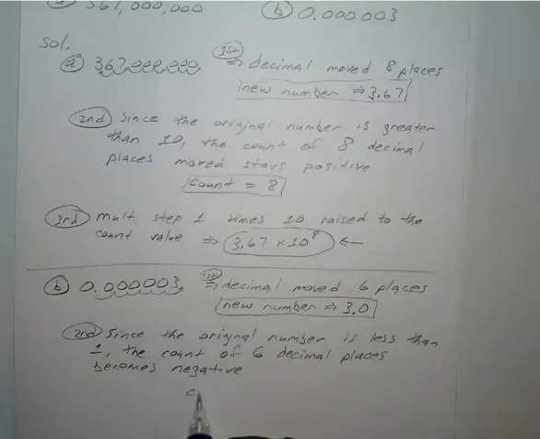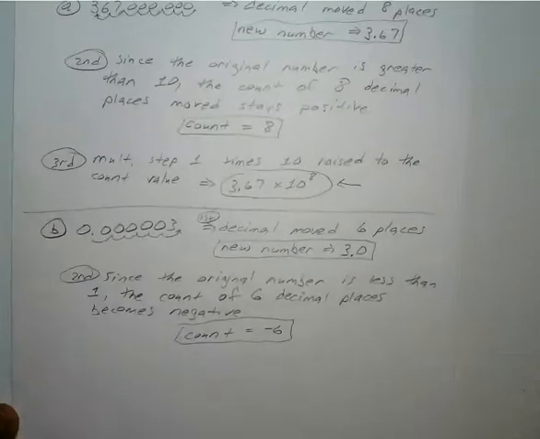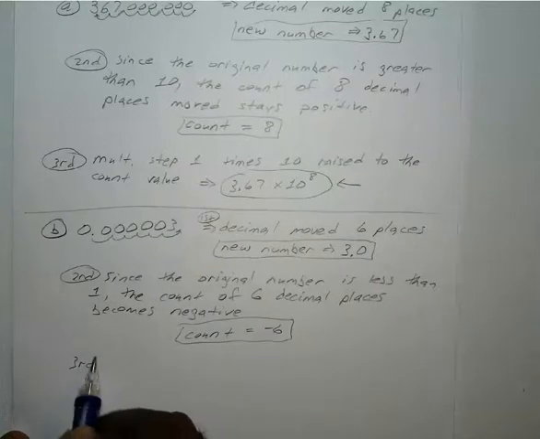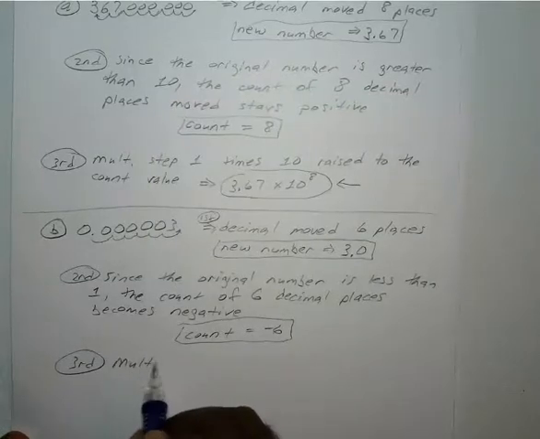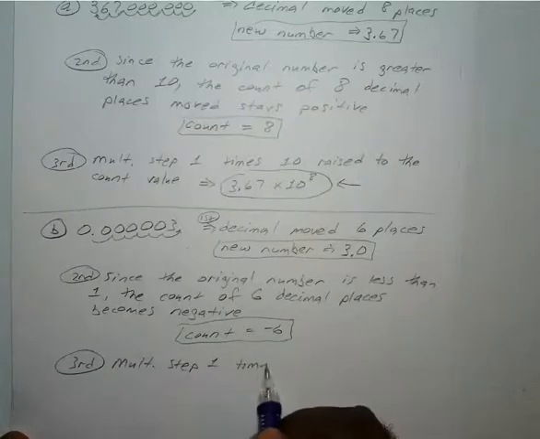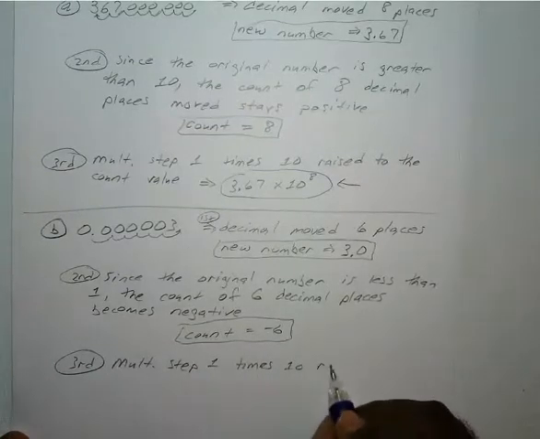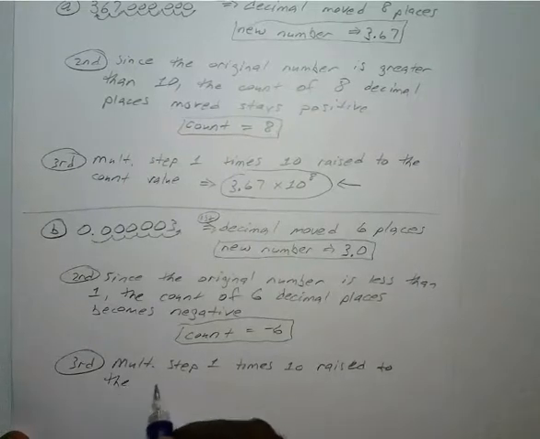Okay, so that means your count is equal to -6. Now your third step is you have your new number, so you're going to multiply step 1 times 10 raised to the count value.